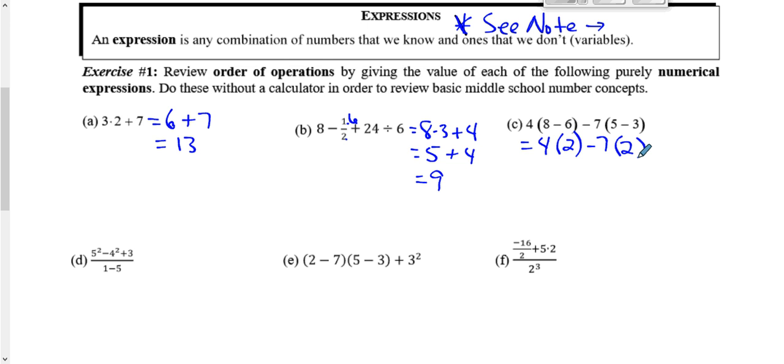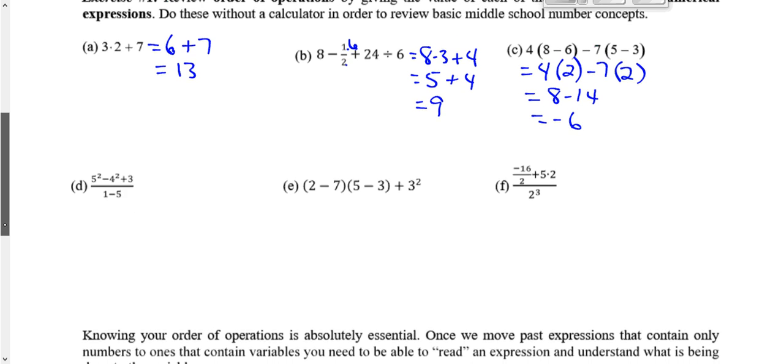Okay. Now we have some multiplication and some subtraction. Let's do multiplication first. Gives us what? 8, 14, which is what? 8 minus 14. Negative 6. Okay.